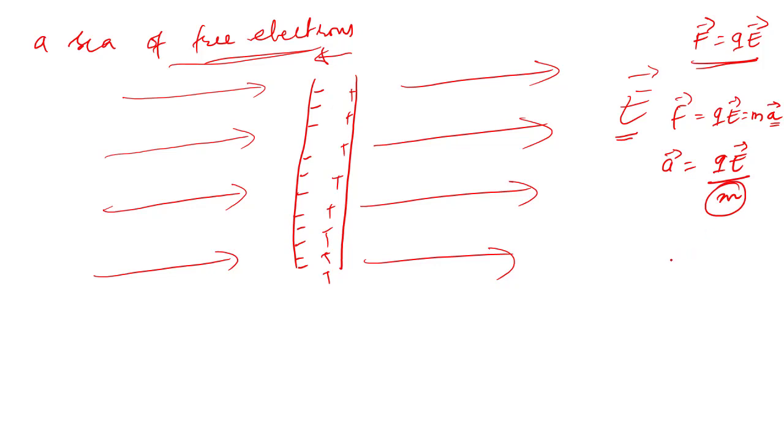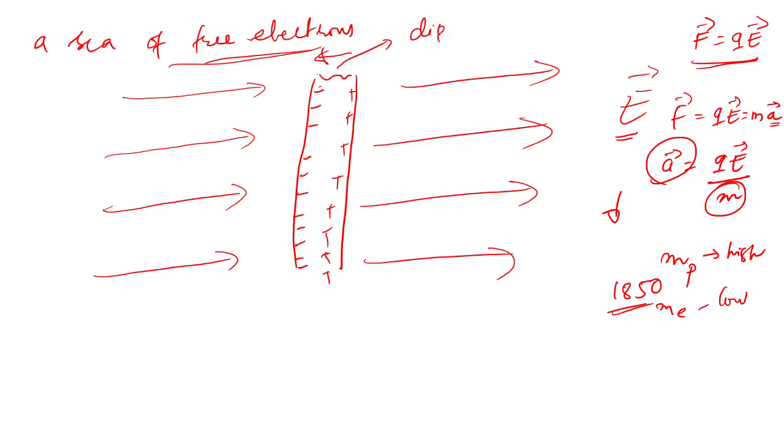For protons, the mass is high, so their acceleration is low. On the other hand, the mass of an electron is low, almost 1850 times smaller. So the electron does most of the moving here, although they feel the same force. But anyhow, there is what you call a dipole moment here now.